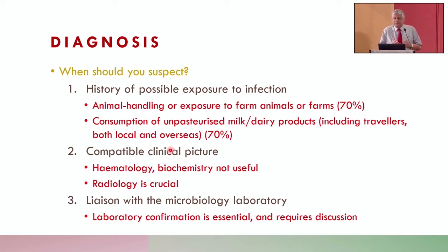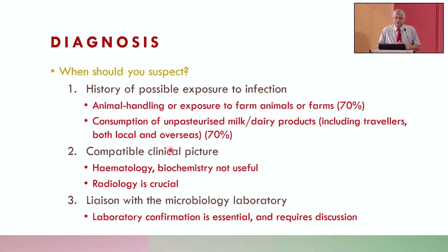So about 70% of people are animal handlers or people who have been exposed to farms or farm animals, either by handling them, such as abattoir workers or people who work with the animals, or even by just cleaning the things and dealing with the organic matter and therefore inhaling the aerosolized bacterium. So any exposure to animal farms, animals would be an important point to ask, and that's about 70% of patients.